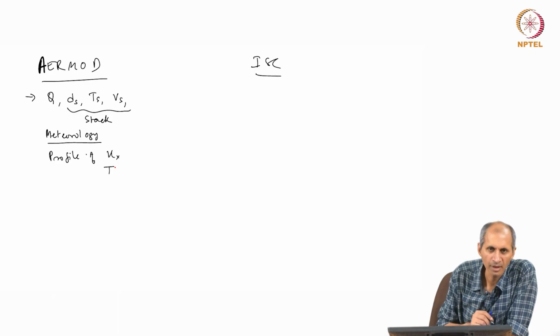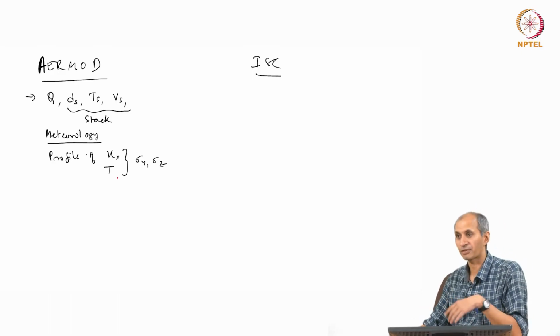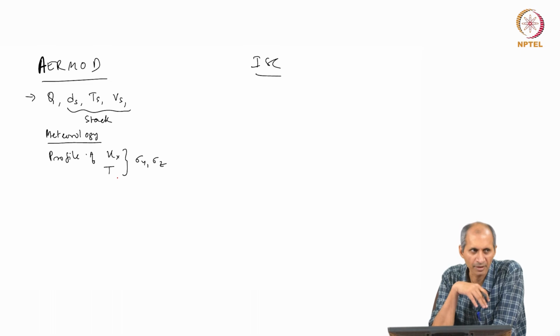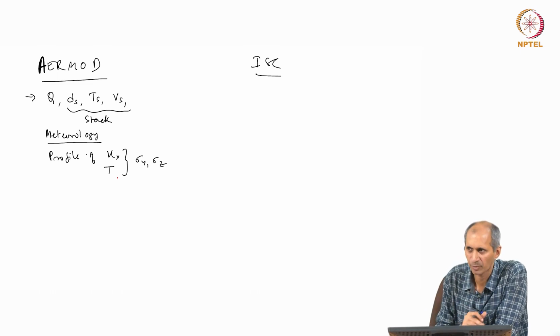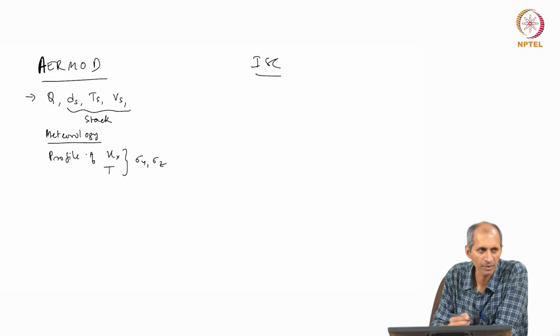Two things you need, because it calculates the dispersion parameters sigma y and sigma z based on the profiles. We will look at it later when we are looking at emission from surfaces. We will revisit this topic at the point where it is relevant. So, it needs data of profiles of the wind and temperature in addition to a few other things.